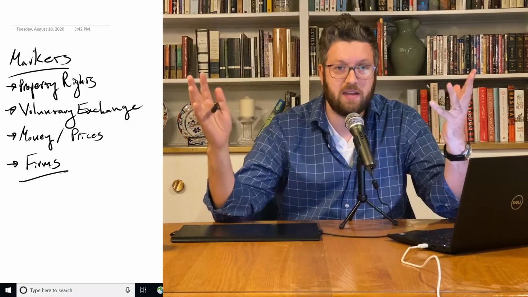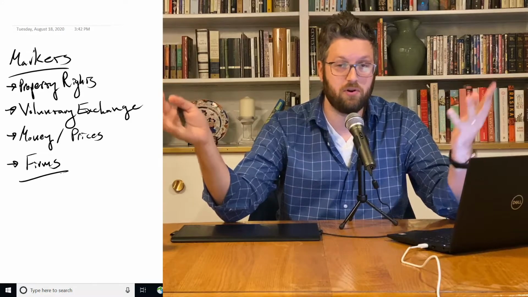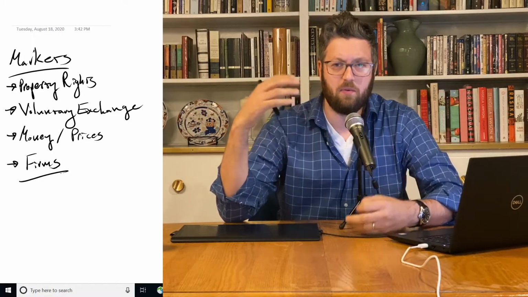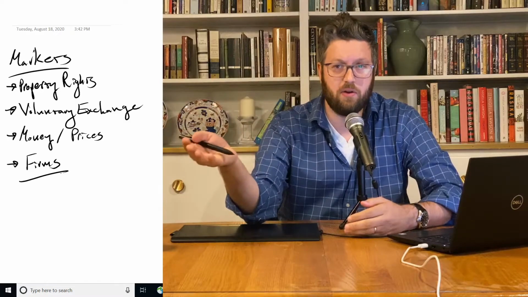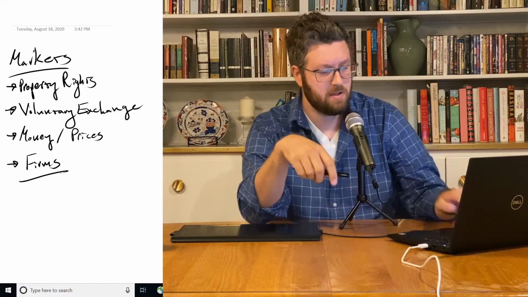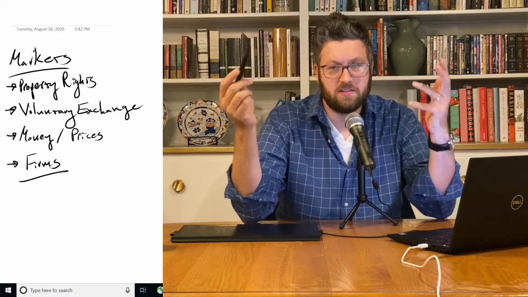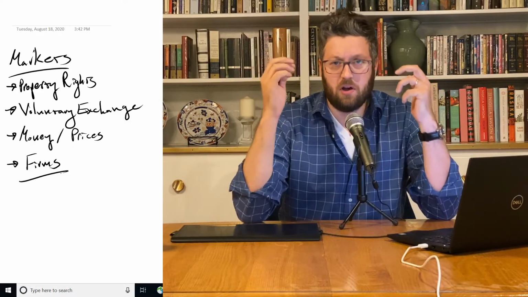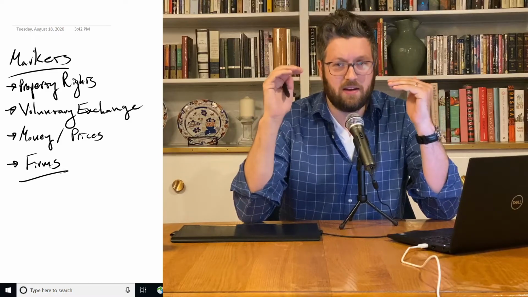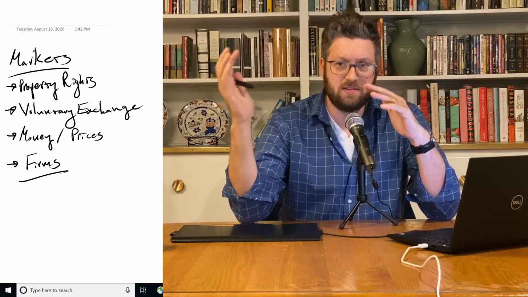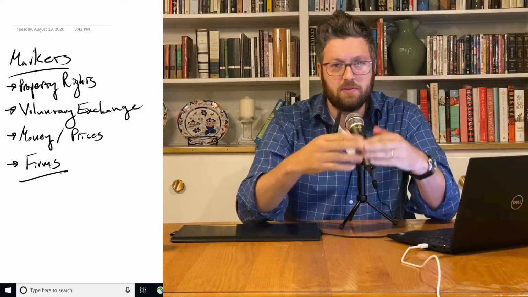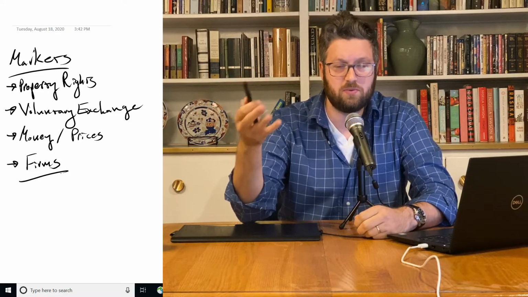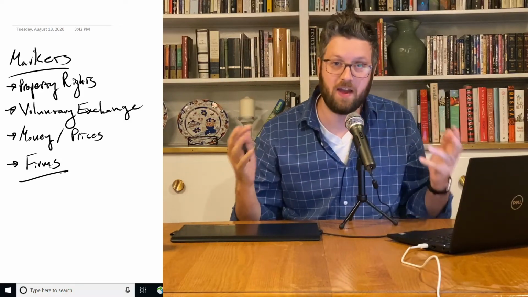They get their inputs by purchasing them from the market, and they take their outputs and sell those on the market as well. So that's the basics, and we're going to see in this unit how, under the right conditions, markets work really well, and it's going to be a great move for these colonists to use a market to allocate their resources. But in the third section of this course, we'll show that there are a lot of caveats to that.